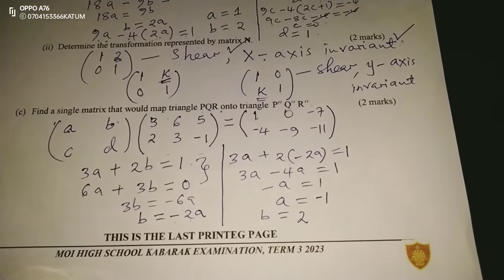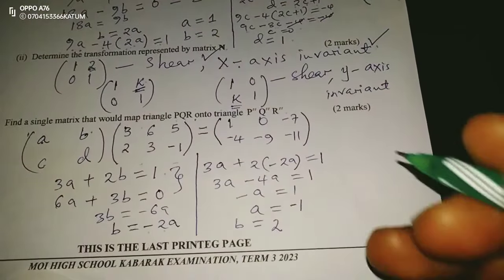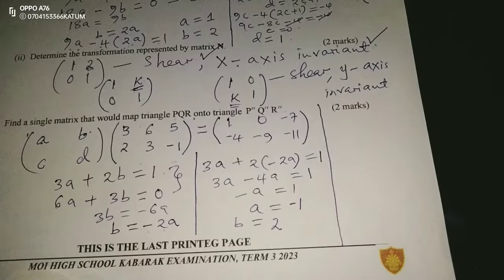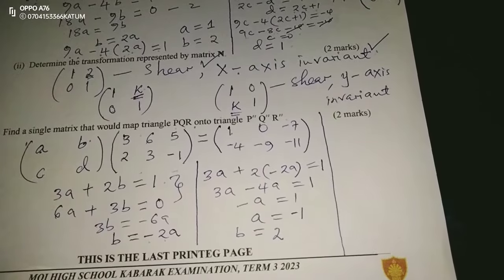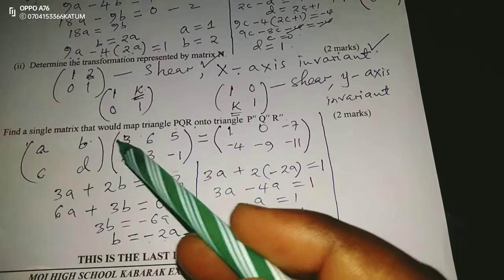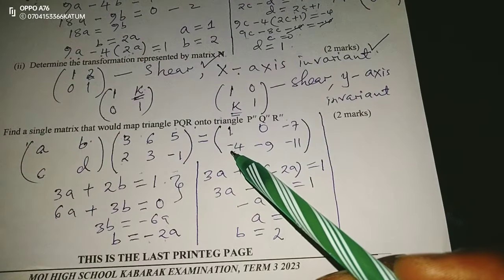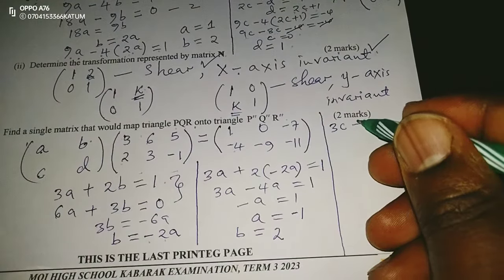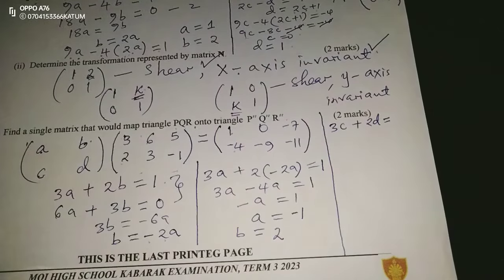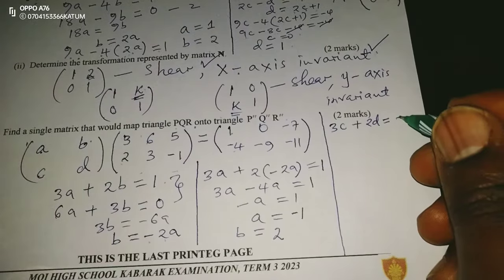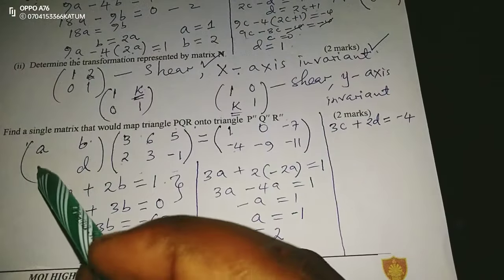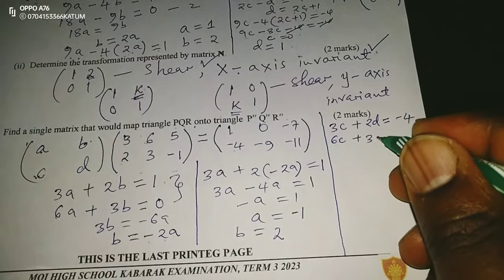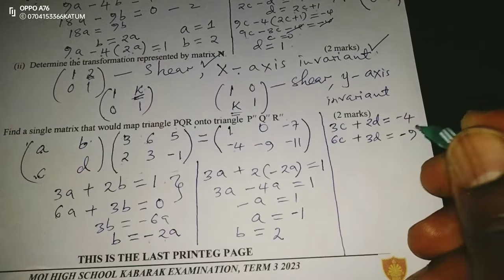We go to the second pair of simultaneous equations, using this row and the first column to give us the first element. So 3C plus 2D gives us negative 4. Then the next is 6C plus 3D to give us negative 9.